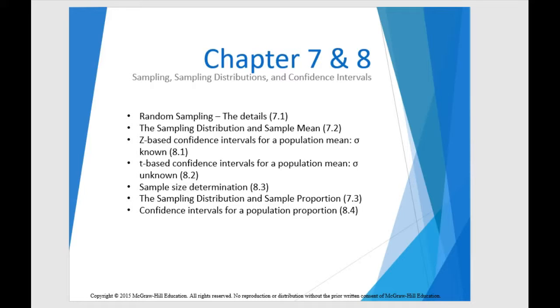We also did the exponential, which I don't think we'll see much going forward in the course. But the main thing about chapters 5 and 6 is that we learned how to deal with probability distributions, and we learned how to work in a universe where we have all of the information.